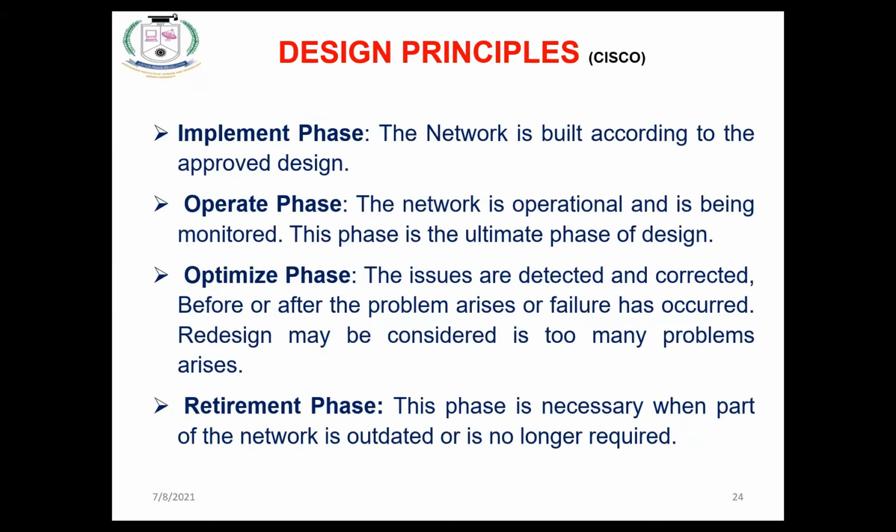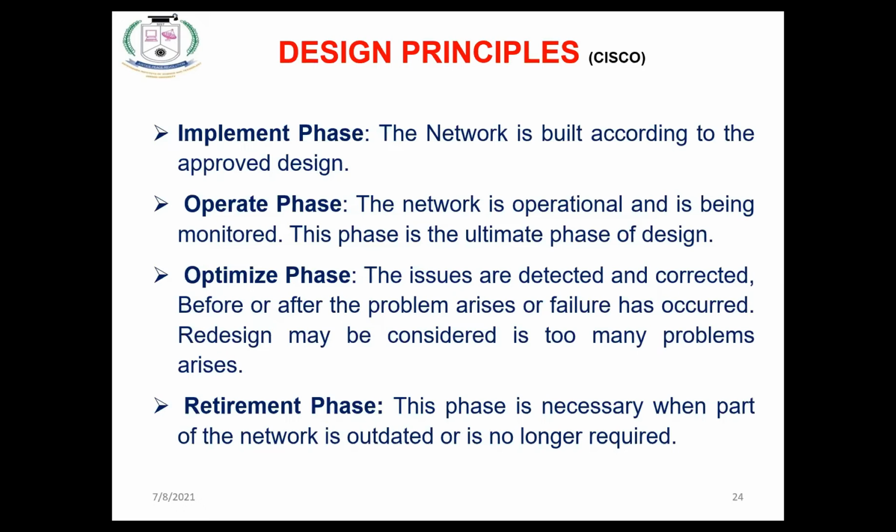In the implement phase, the network is built according to the approved design. Where do you receive the approved design? Once you plan, you get the requirements from the client, you learn about the existing network, then you design a network for them, then you need to get approval.